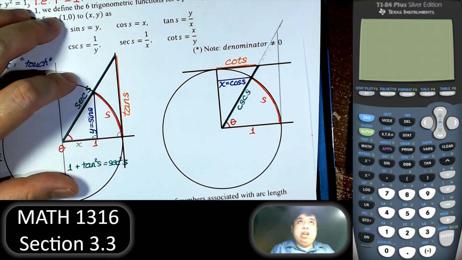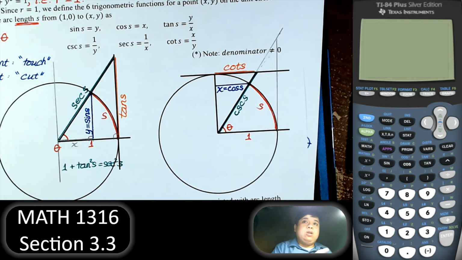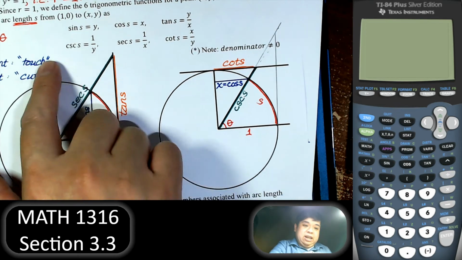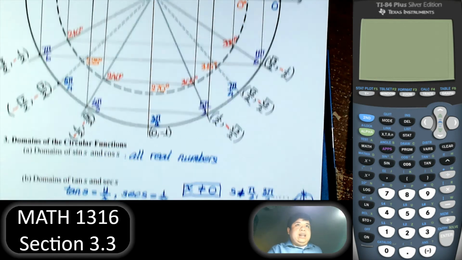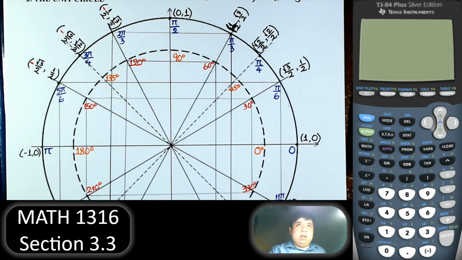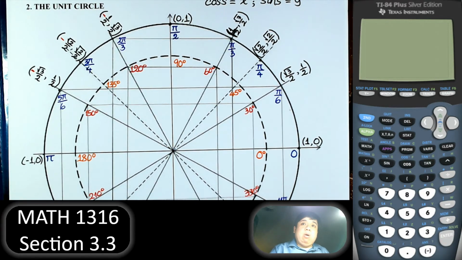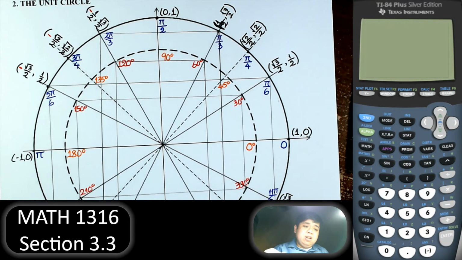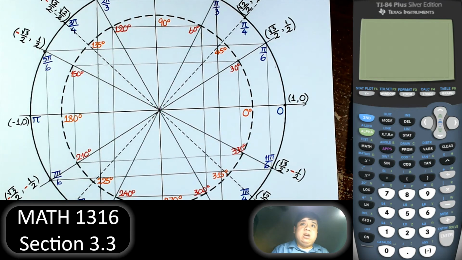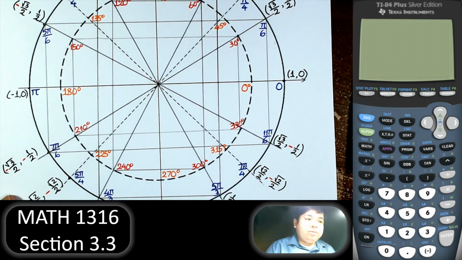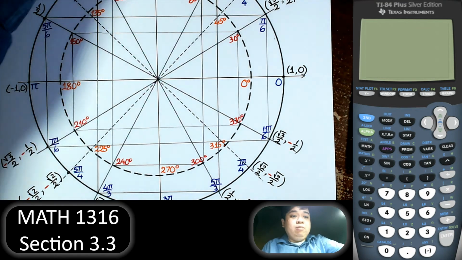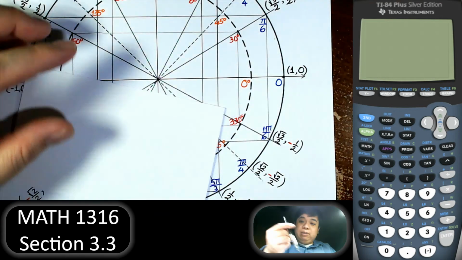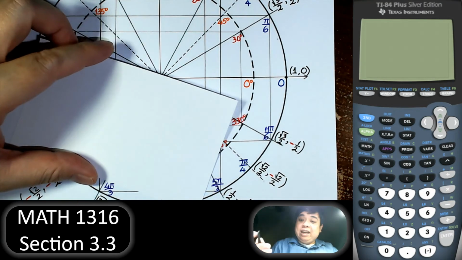And this is the definition. Sine is y, cosine is x, tangent is y over x. That's still the same as before. And then the reciprocal functions. And then we study the unit circle. Like I said, from now on, when you take the test or do the homework, I recommend you have that with you.